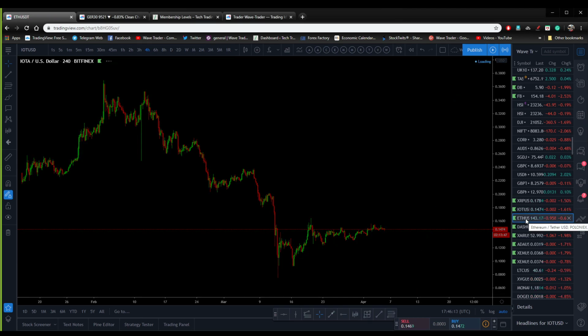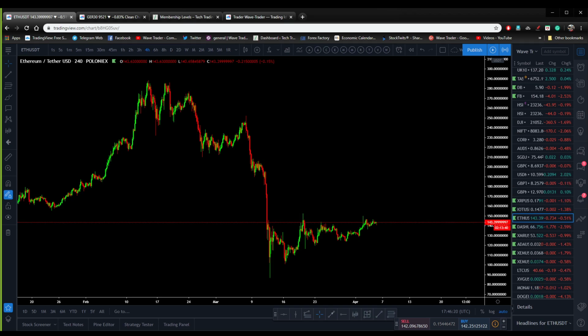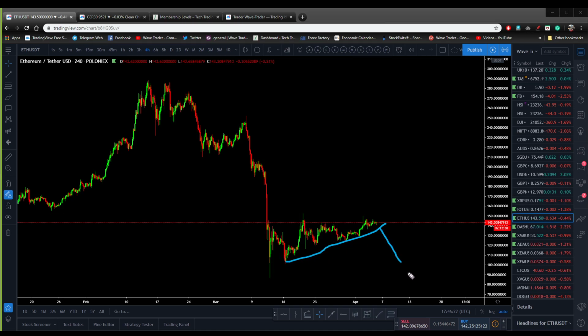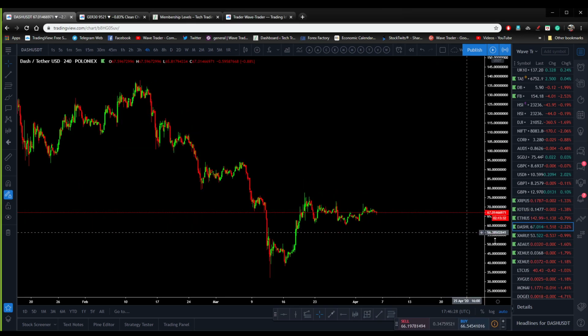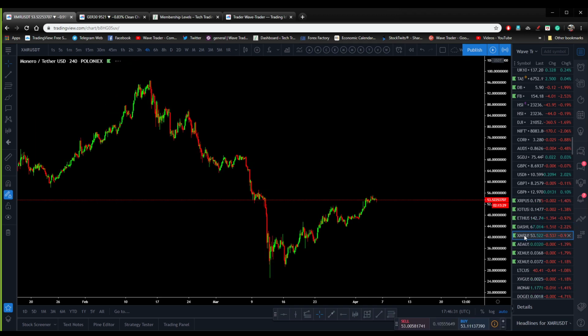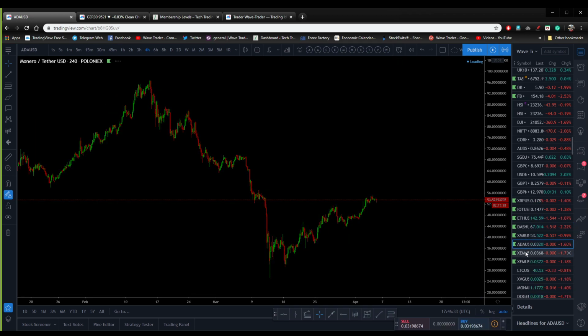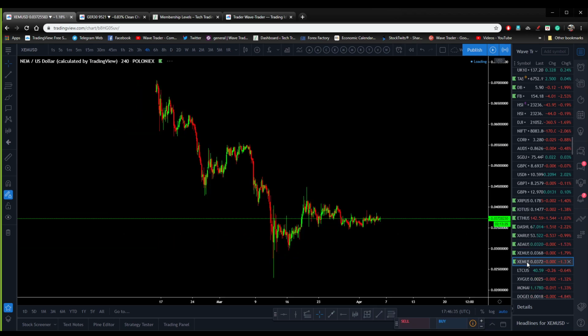Ethereum, one more drop and longer term bullish. But watch price action before you go long on them. These coins are all doing the same, the same correction is just happening over there.